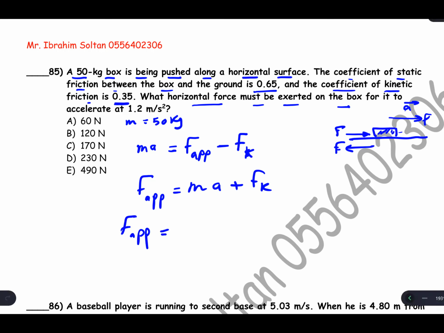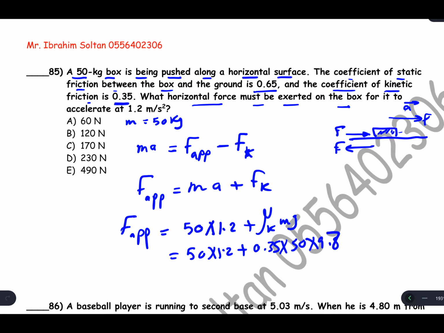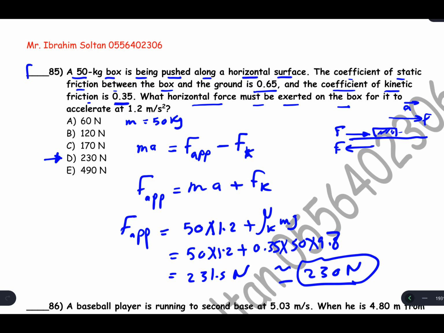So F applied equals M, which is 50, times the acceleration 1.2, plus mu K mg. 50 times 1.2 plus 0.35, the coefficient of kinetic friction, times 50 times 9.8 equals 231 point something Newtons. So the number is approximately 230 Newtons, guys. So the answer is letter D.